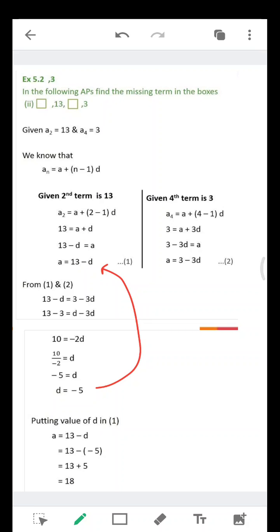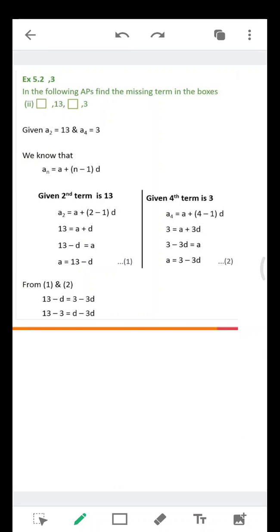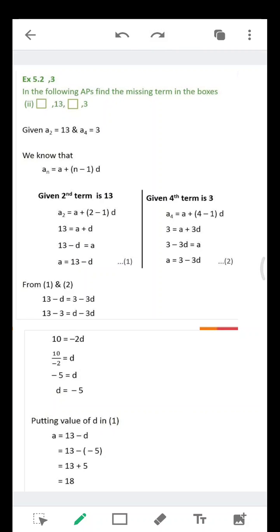So we have got the values of A and D. Now we can find the missing terms. So what is the first term in this? We have already got the first term, that is A is 18. We have to find the third term now.